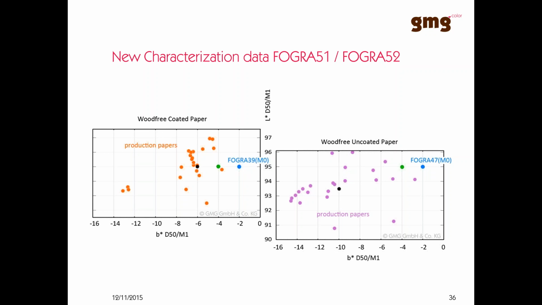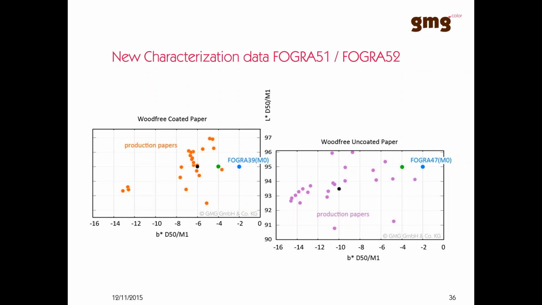You see on this graph, the vertical line shows the luminance, the lightness of the substrate, and going from the right to the left, it's getting more bluish. We have some very bluish ones on the very left, but then on the wood-free coated papers, we can see that between -6 and -7, there is really a bunch of papers. And in fact, we've seen that the majority of wood-free coated papers can be found in this area.